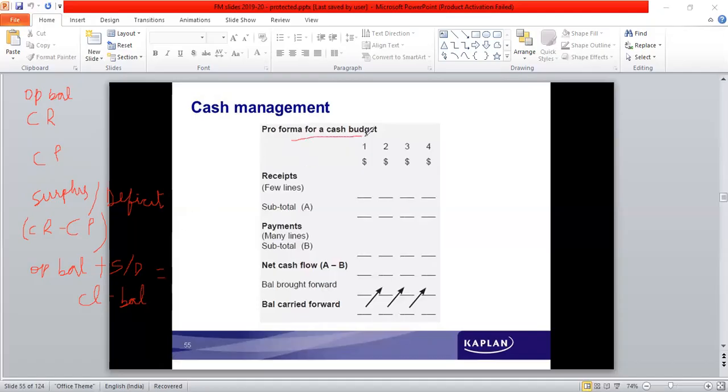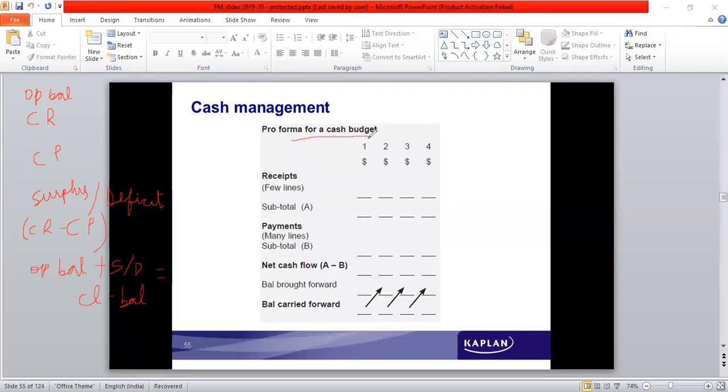Cash budget is prepared periodically for the future period, to look into what are the requirements. So the various sources of cash are considered. The various payments which have to be made are also taken into account, to understand whether the receipts are more than the payments or the other way around.